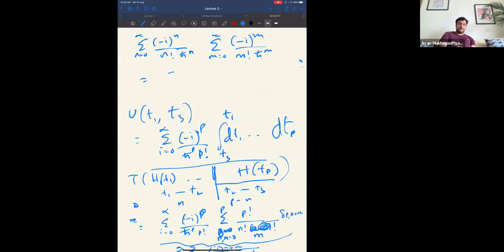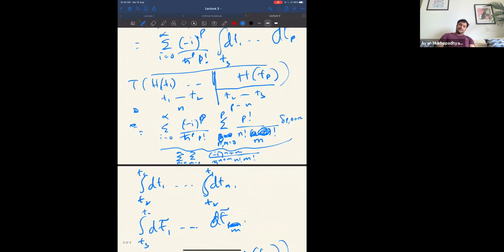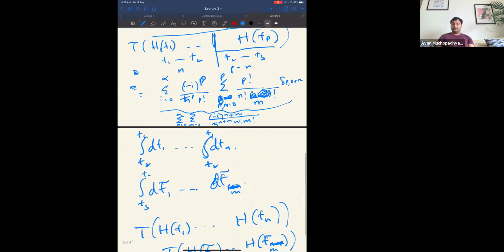This is equal to sum p is equal to 0 to infinity, minus i to the power p by factorial p h bar to the power p, and sum n, m is equal to 0 to p of factorial p by factorial n factorial m delta p, n plus m. So I've used this identity here, right? That's what I did. And this is a trick, okay?